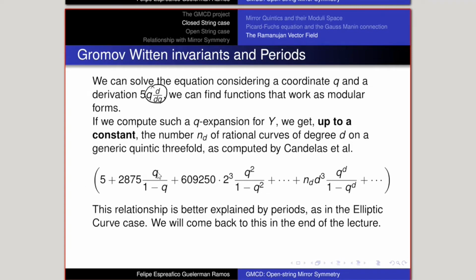So the coefficients are counts for rational curves of degree D on a generic Quintic threefold. This is what Candelas et al. computed in 1991.